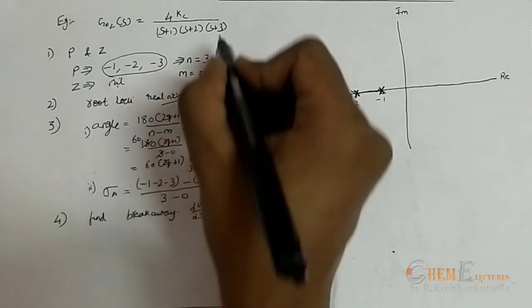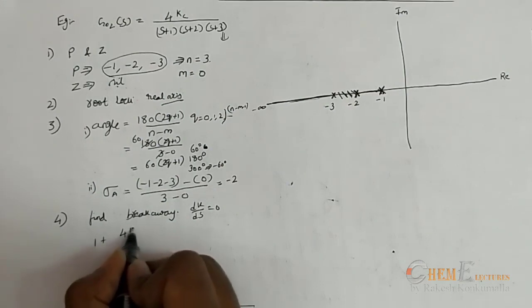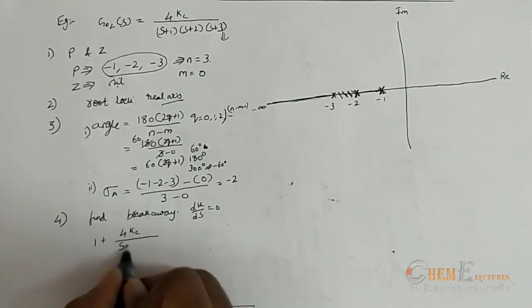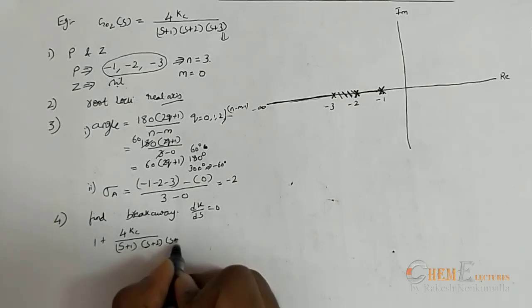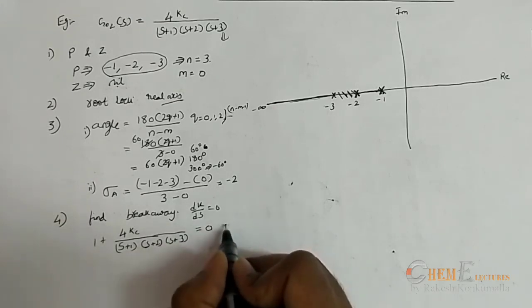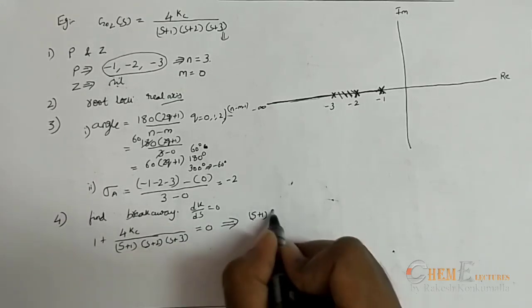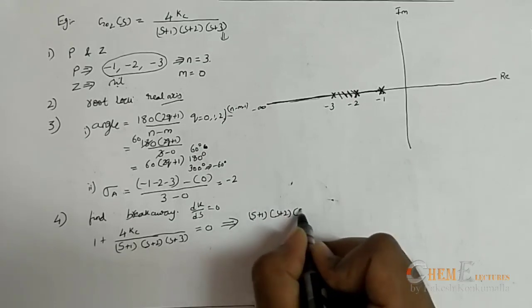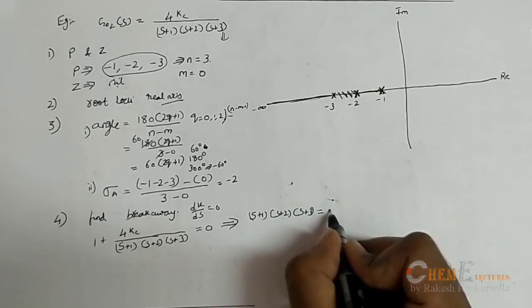My characteristic equation from this open loop transfer function will be 1 plus 4kc by (s plus 1)(s plus 2)(s plus 3), which is equal to 0. Now from this, if I rearrange, (s plus 1)(s plus 2)(s plus 3) will be equal to minus 4kc.